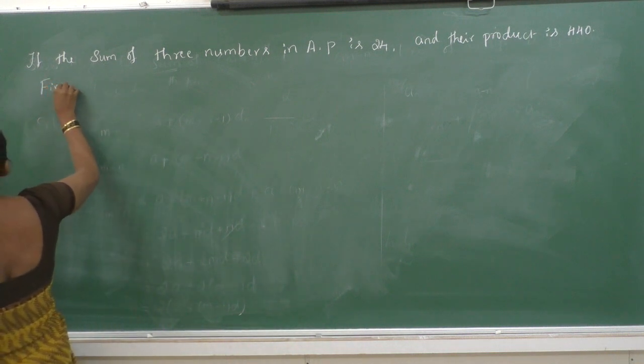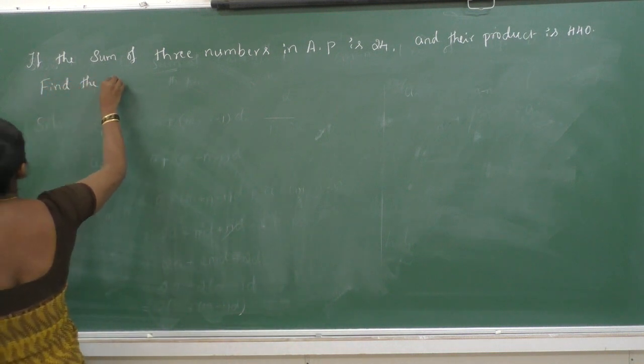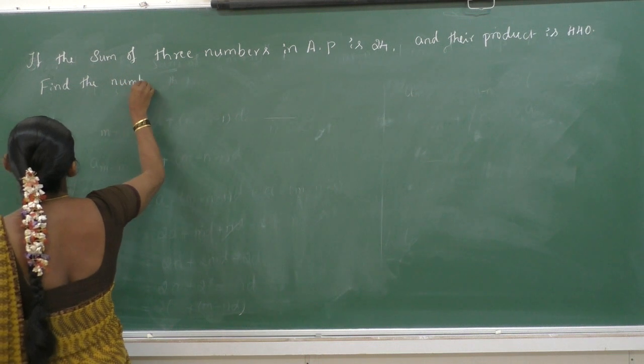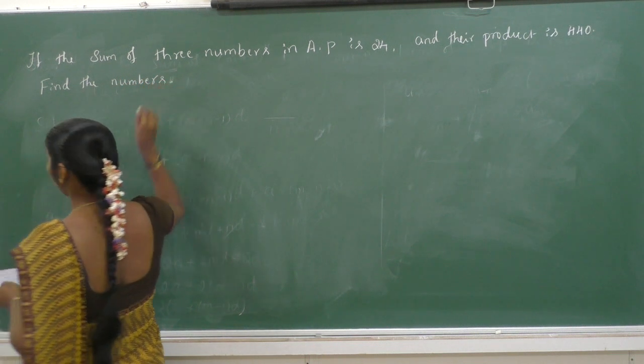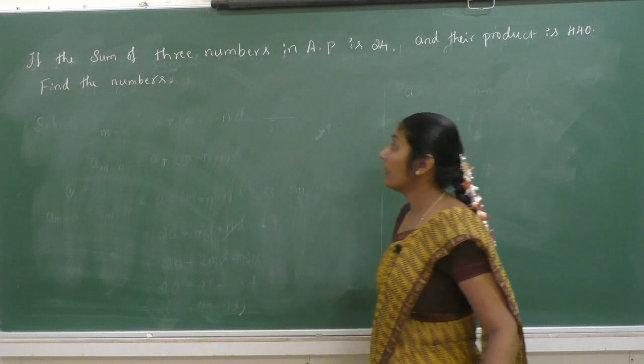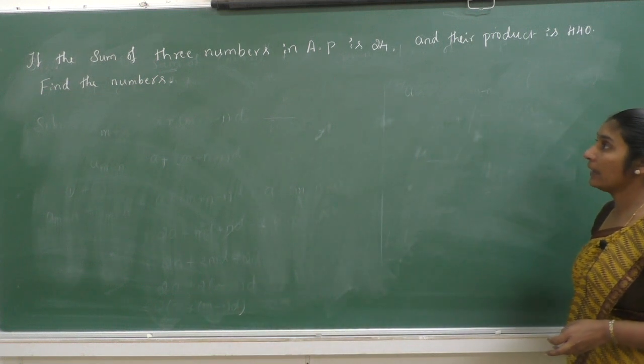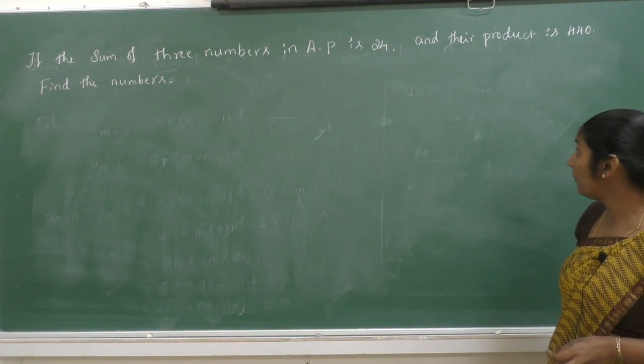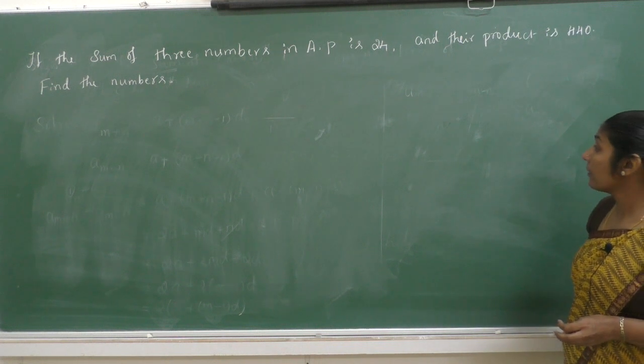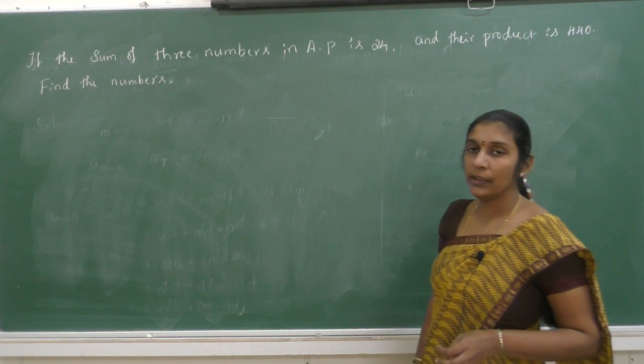Find the numbers. If the sum of three numbers in an arithmetic progression is 24 and their product is 440, find the numbers.